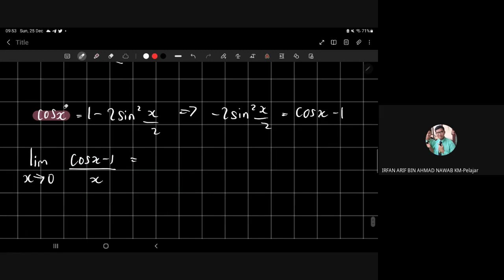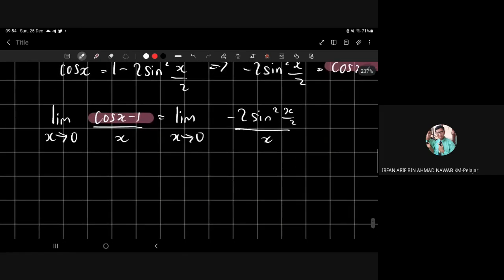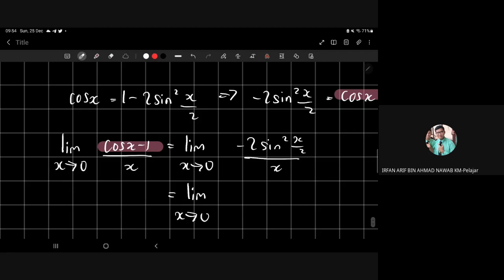We know that this term is similar to this term. So from here, we can write it as negative 2 sine squared of x over 2, over x, as x approaches 0.